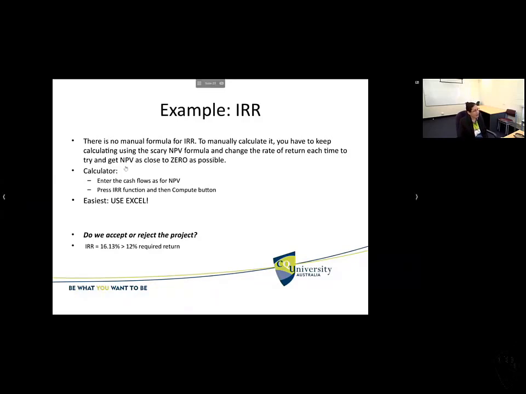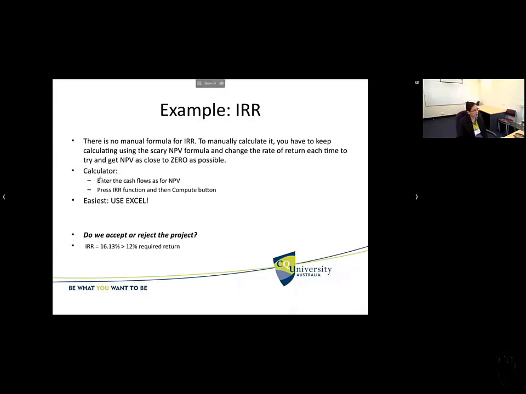If you're using a calculator, most financial calculators will have an internal rate of return button or formula method that you can use. And so usually you will enter your cash flows like you would for a net present value calculation. Then you will press the IRR button or the IRR function. Some calculators have that little function button first and then press IRR and then compute or equals or enter, whatever your calculator has.